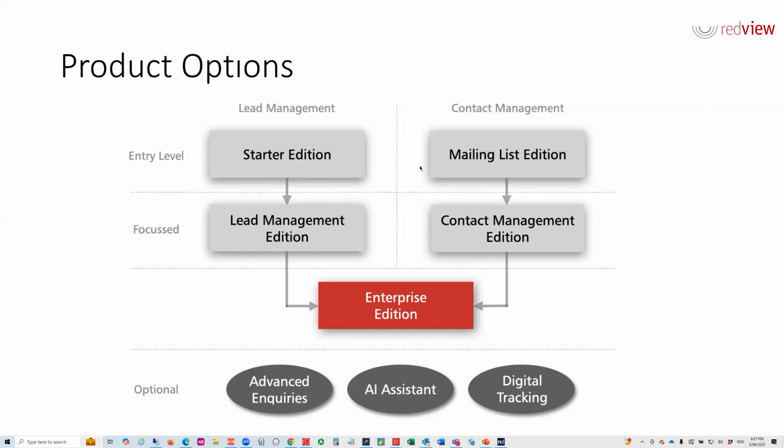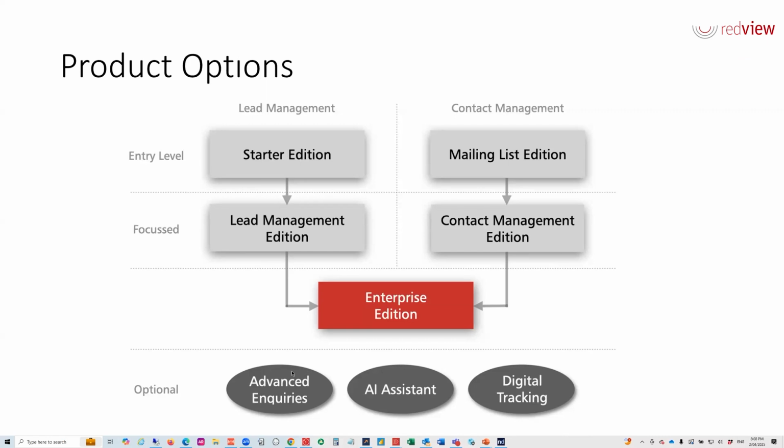On the contact management side, we then have the marketing list edition, which with Leap clients, we often see a requirement to get information out of the Leap card database or extend it with different qualifications and the like, and our marketing list edition will do that. A low-cost entry point. Then moving into the full contact management system, and both of the tools together become the enterprise edition. We then have some optional modules.